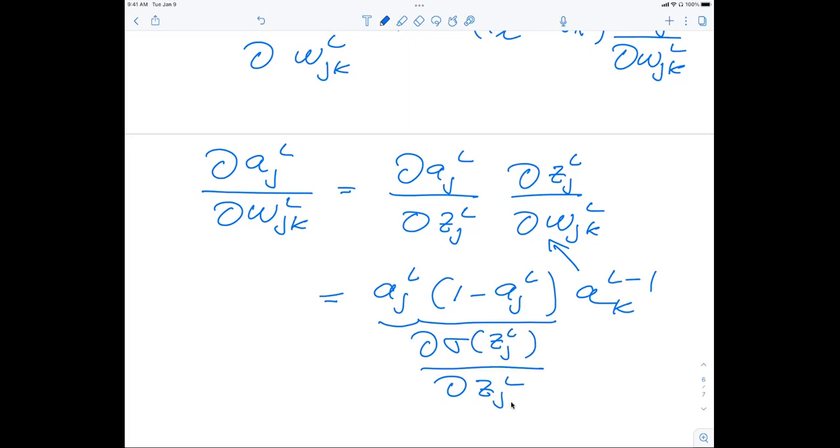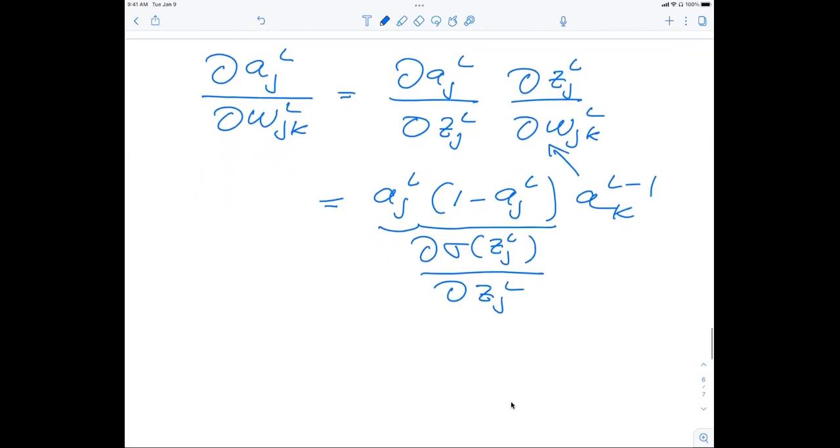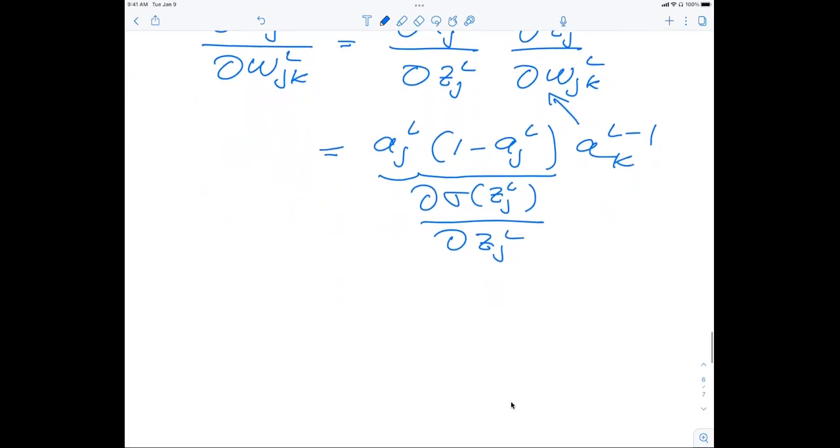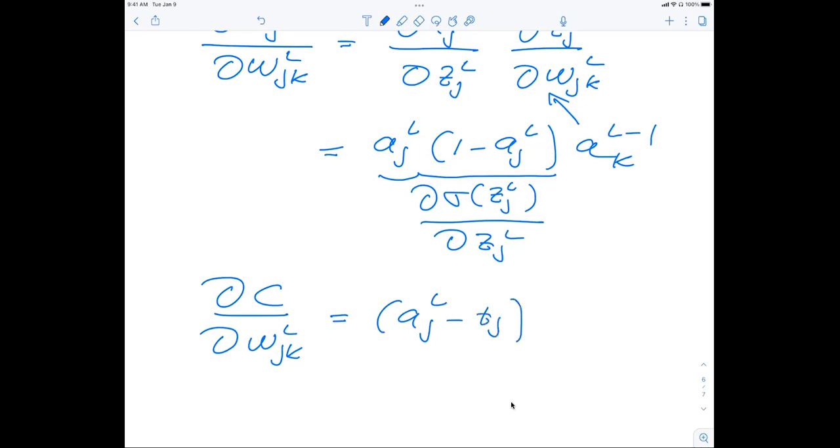So let's do one more piece before we take a small break. If I now go back and plug everything in here, then I can find the derivative with respect to the coefficients jk of L. This is going to be equal to aj, the output, minus the targets which we want to reproduce, multiplied with aj of L times 1 minus aj of L, and multiplied with this parameter ak of L minus 1.